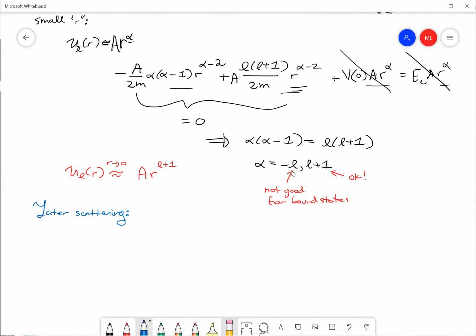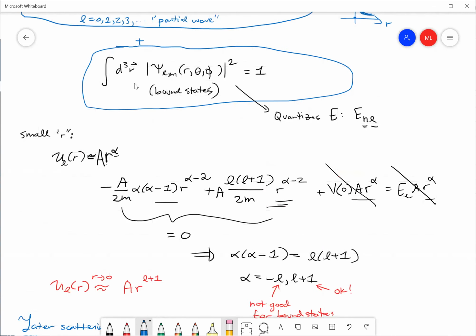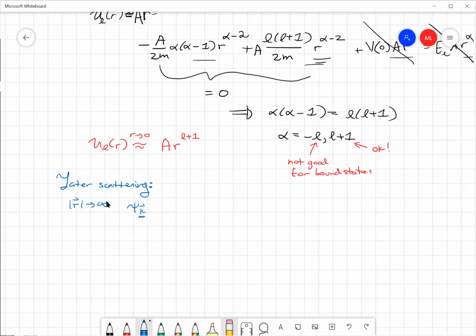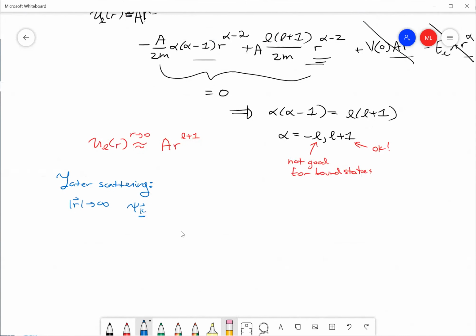In that case, what the solution looks like as r goes off to infinity, your wave functions will be labeled by momentum. Again, there's no quantization of the energy levels now because we don't have that normalization condition for scattering states. We can have an arbitrary kinetic energy, and so the scattering states are labeled by their kinetic energy, which is continuous.